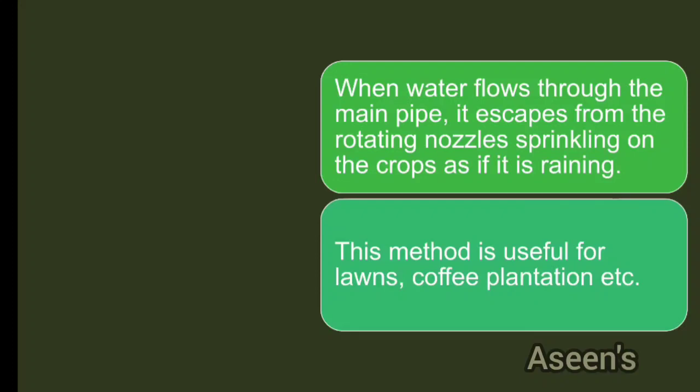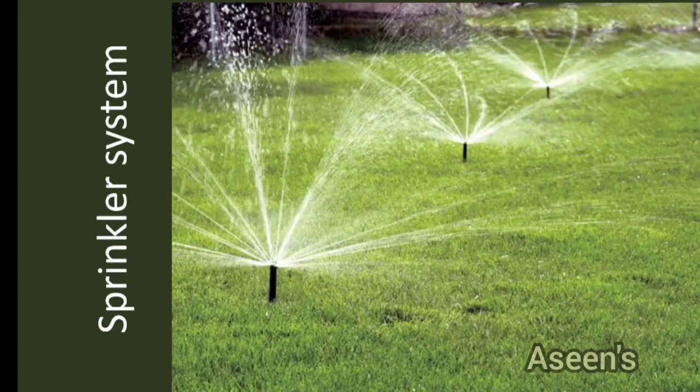So this is basically helpful for coffee plantations and lawns, the ones which require only the moisture of the topmost soil. This is what the sprinkler system looks like. You can understand it from the GIF here. Once again, I'm connecting a GIF for the sprinkler method that will help you understand it better.